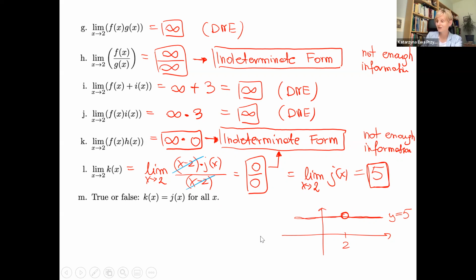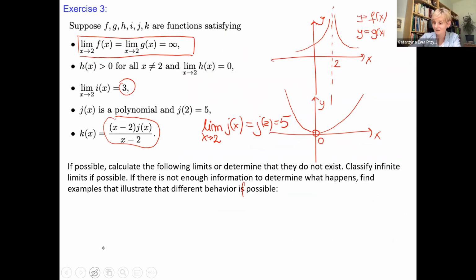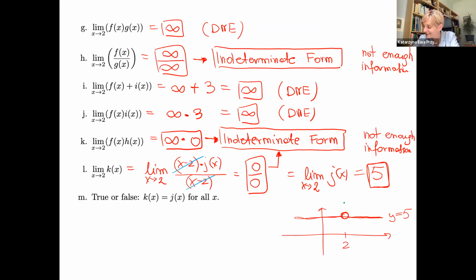Because now let's see, function j of x at 2 has the value 5. That means I can put 5. Let me put this higher.